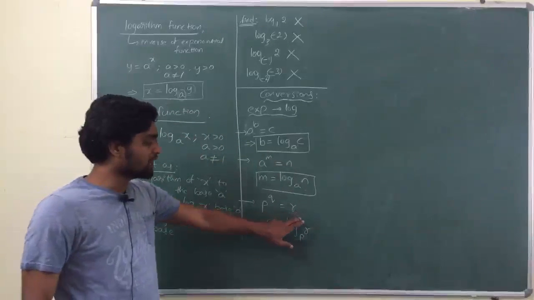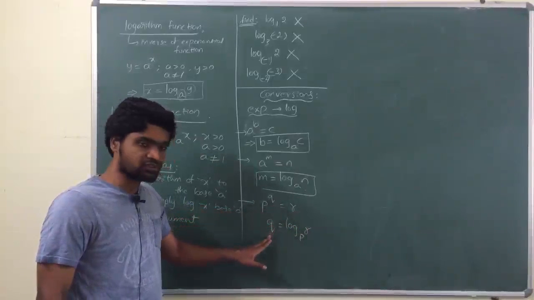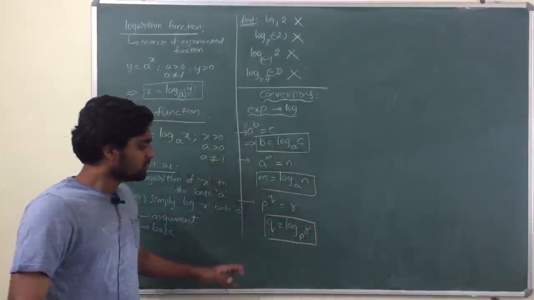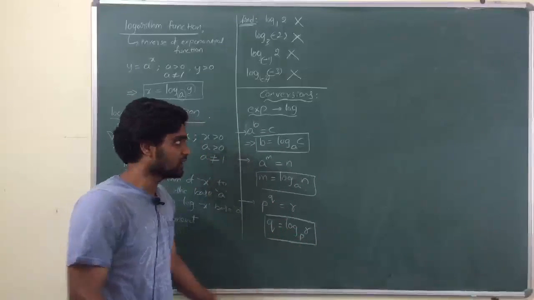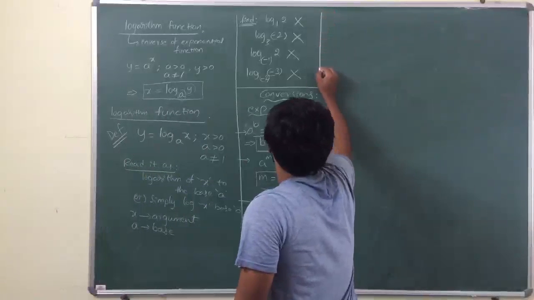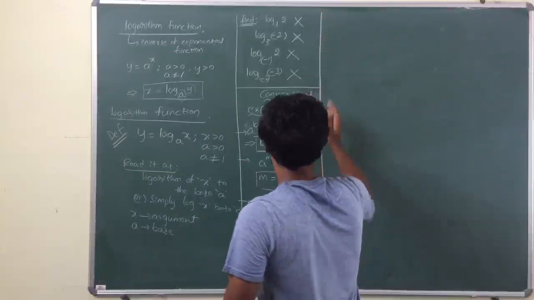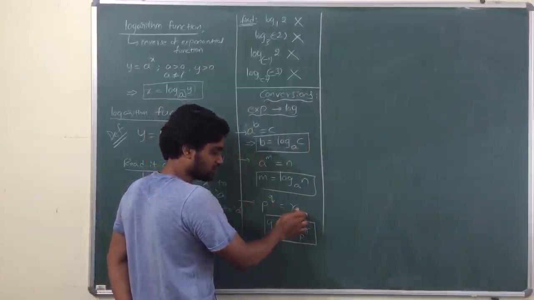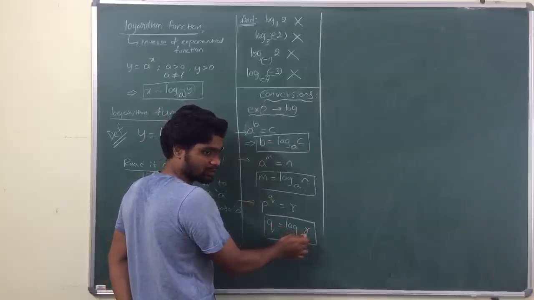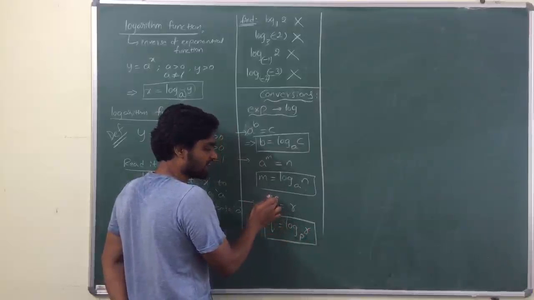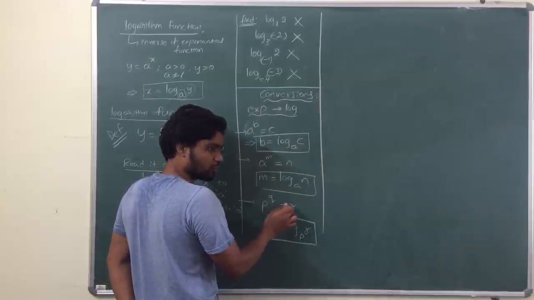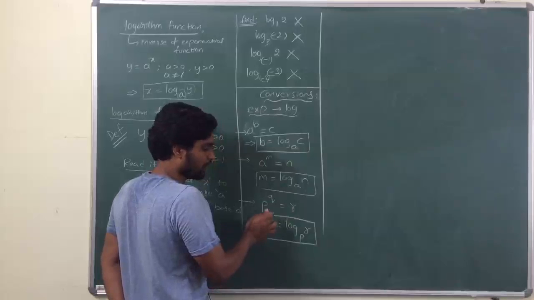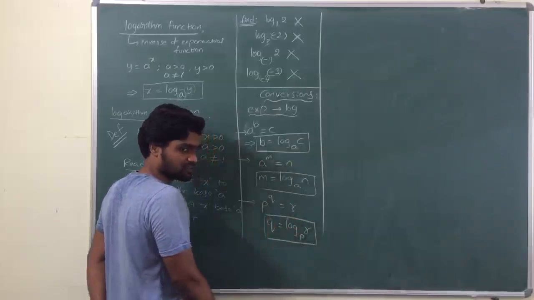See, value becomes argument, exponent becomes value. Basically, q and r interchange their places. R is the value of exponential function, whereas r is the argument of logarithmic function. Here q is the exponent of exponential function, whereas q is here the value of logarithmic function. So Q and R interchange their places.